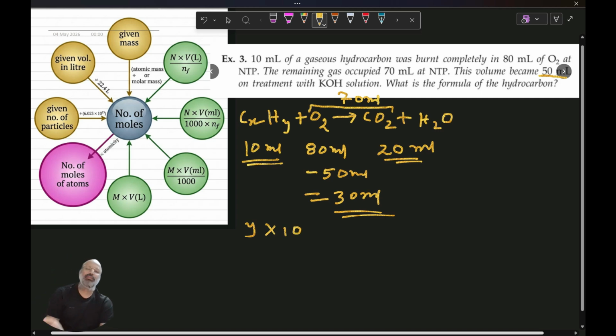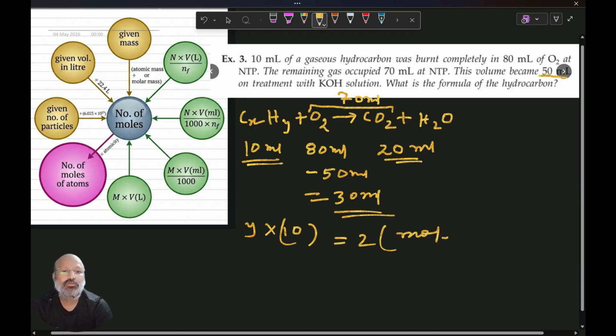I am not dividing by 22400 because you know that if you divide on one side, you need to divide on the other side also, and they will automatically cancel out each other. So this is equal to 2 into moles of water. Now we don't know the moles of water, and we also don't know y, so from this equation you cannot calculate that.